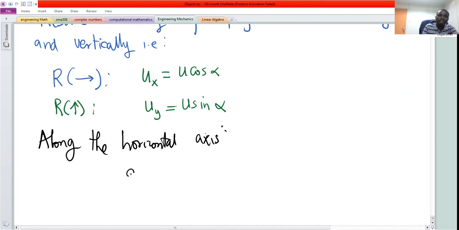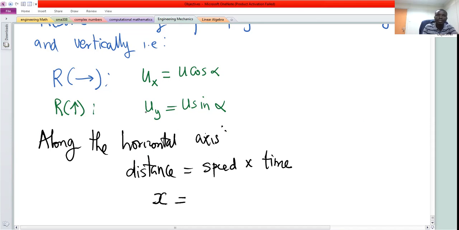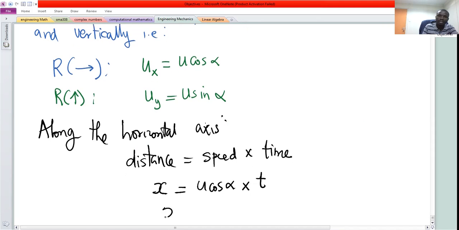we know that distance is given by speed times time. So the distance along the horizontal axis, if we call it x, will be given by the horizontal component of velocity, u cos alpha, times time, let's call it t. So x is given by ut cos alpha.